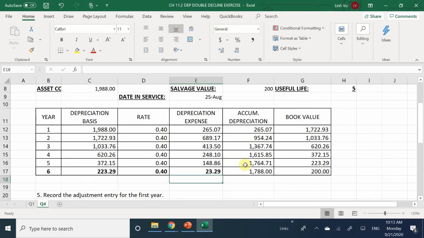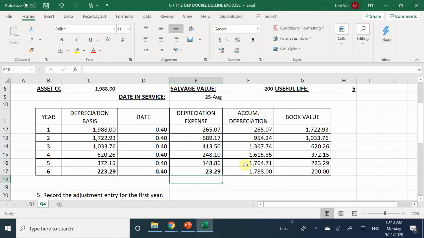You forgot the cents. 23.29. Okay. Good.